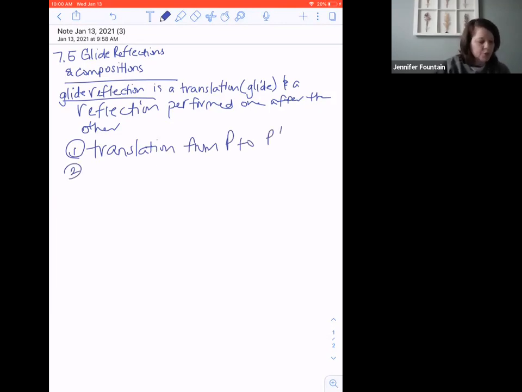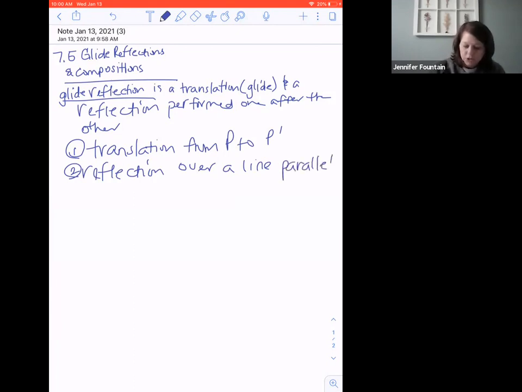And then step 2 is a reflection over a line. It says line K, but I'm not stressed about that. I'm just going to say a reflection over a line parallel to the direction of the translation.